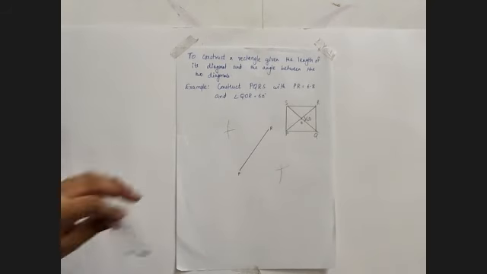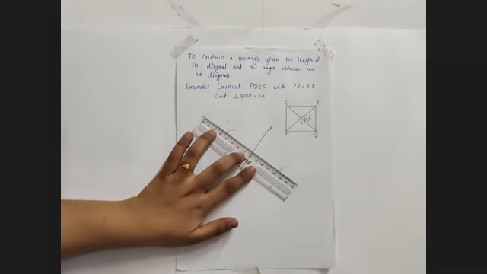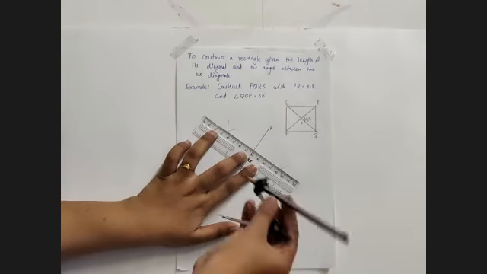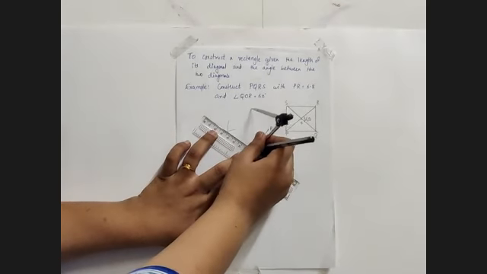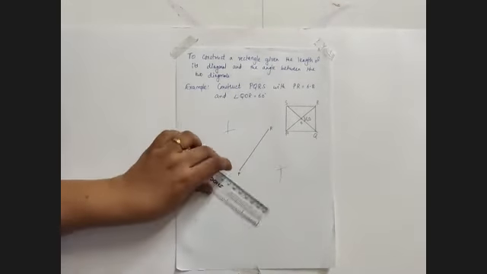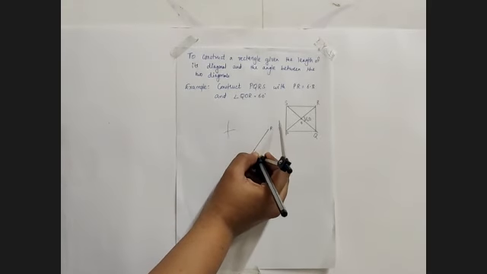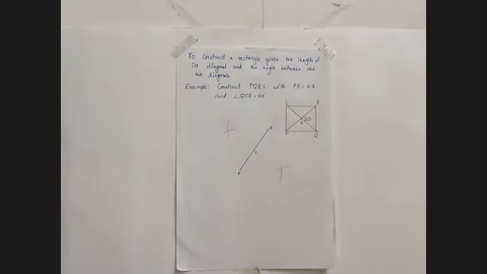Right? So I will not draw the whole bisector because it will then confuse us, right? So I will just put a small point to get the midpoint. So this will be the midpoint and we will name it as O.